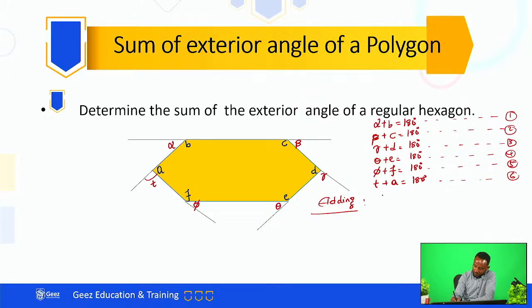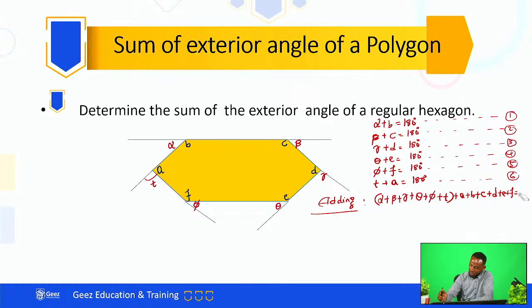It yields alpha plus beta plus gamma plus theta plus phi plus t, all the exterior angles, plus all the interior angles, A plus B plus C plus D plus E plus F, is equal to 6 times 180 degrees, which is 1080 degrees.